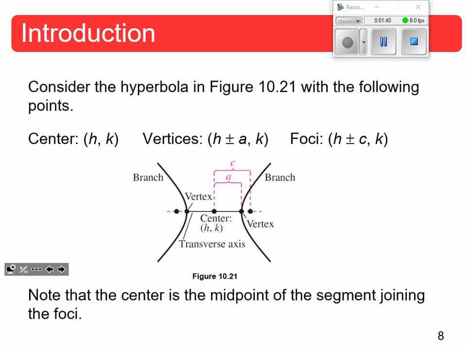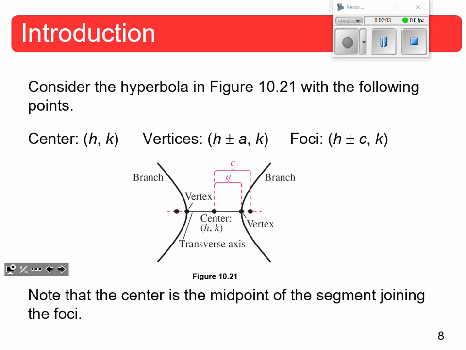Now, it is also possible for us to have a center that is still h comma k, but our vertices are going to be h comma k plus or minus a, and our foci are going to be h comma k plus or minus c.